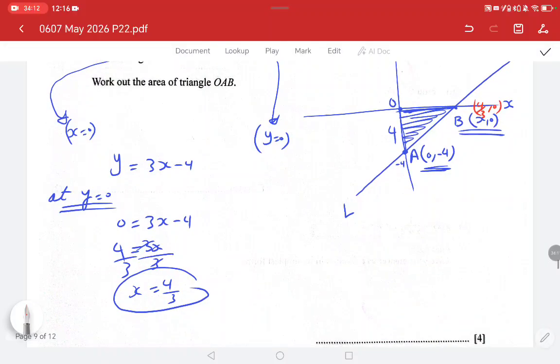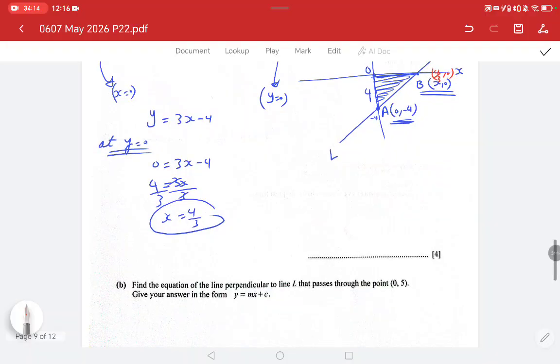Okay, if I ask you now to find the area, it's a triangle, right? So the area of a triangle is 1/2 the base times the height. The base is 4 over 3 and the height is 4.